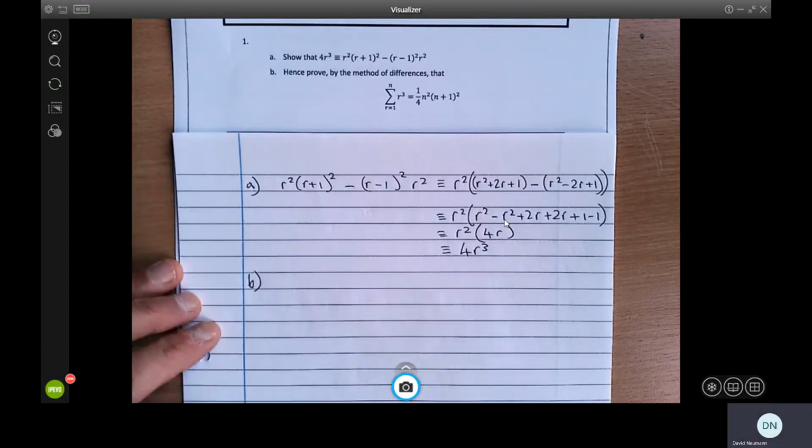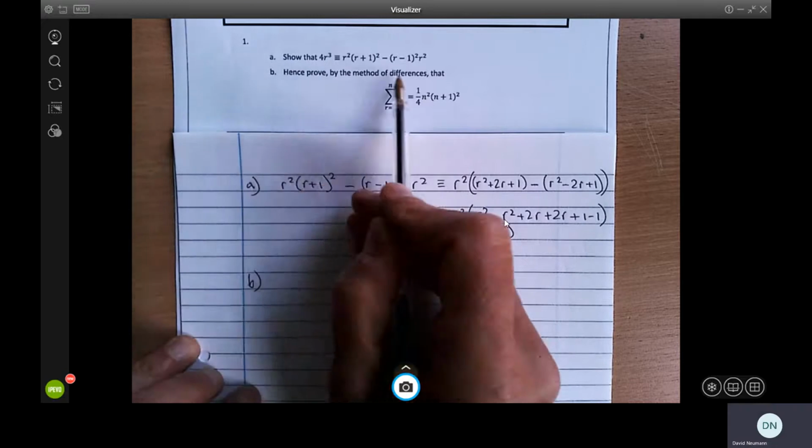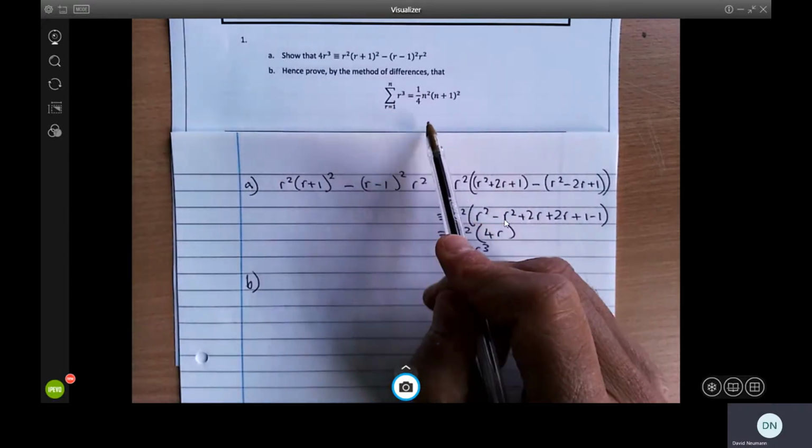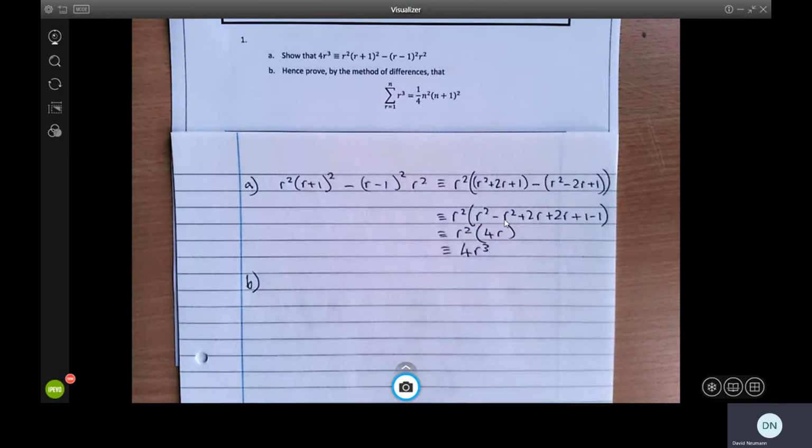So if we look at part B, it says hence prove by the method of differences that the sum of r cubed is equal to a quarter n squared times n plus 1 squared.